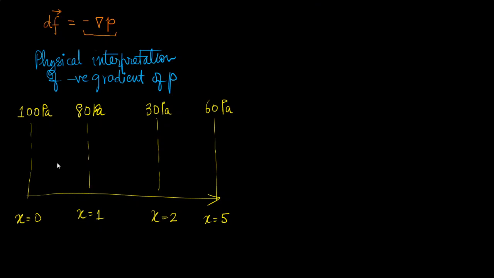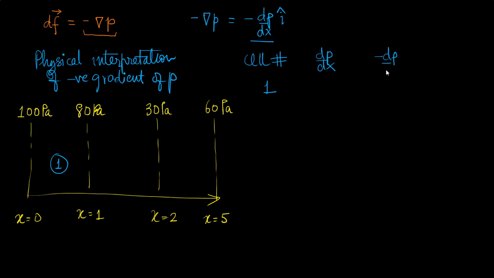Now let us consider the first cell, that is the region between x equal to 0 and x equal to 1. Because it's a one-dimensional problem, this particular expression, minus gradient of p, will simply become minus dp dx in the I direction. So in the first cell, let us find out what dp dx will be and what minus dp dx will be.